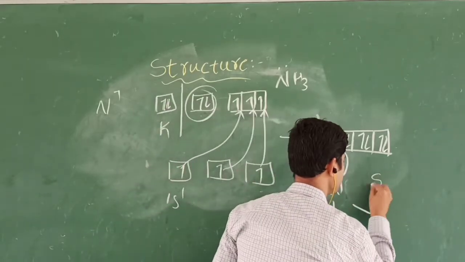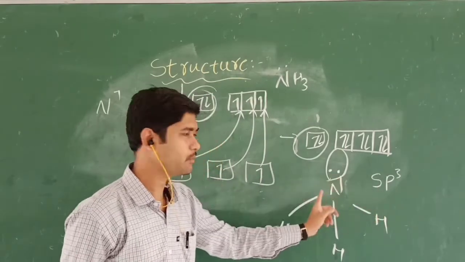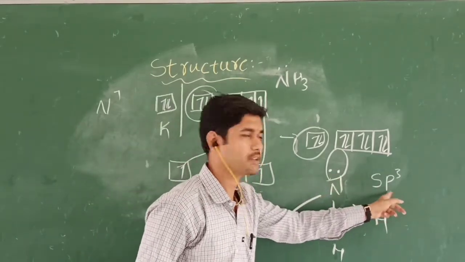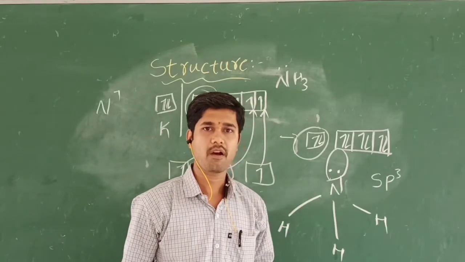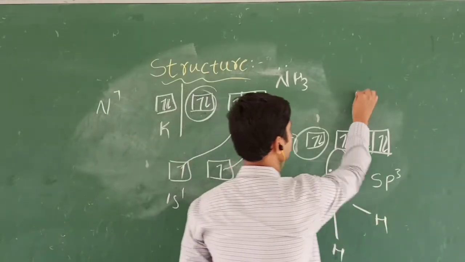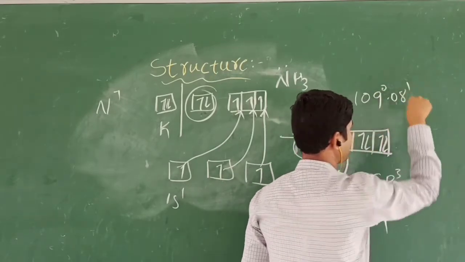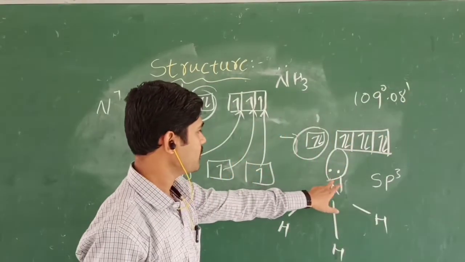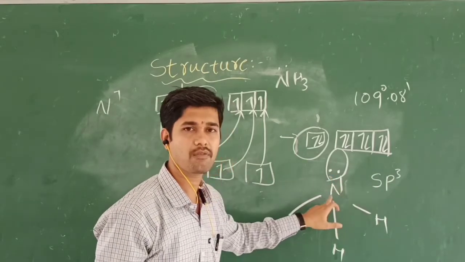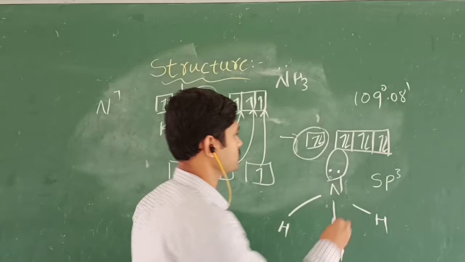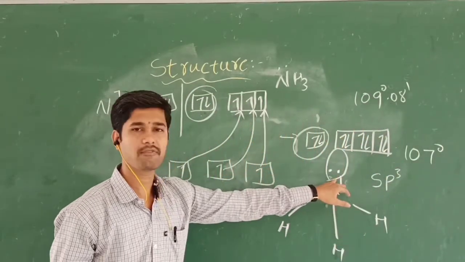So its hybridization is sp3: once again, s from the hydrogen orbitals and 3 p orbitals from the nitrogen atom. You know that sp3 hybridization always has a bond angle of 109 degrees. But here, due to the presence of the lone pair of electrons, the bond angle of ammonia is reduced to 107 degrees.